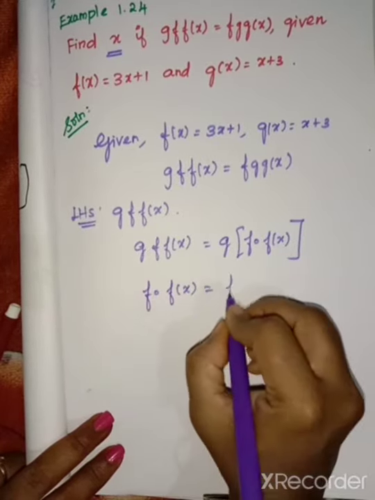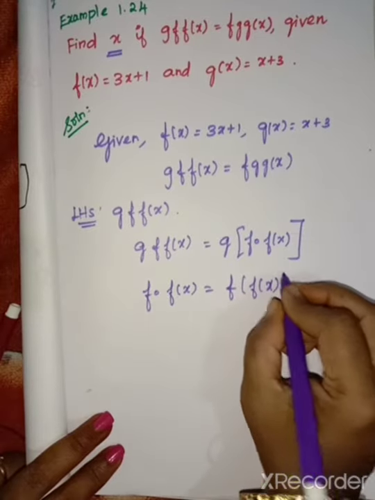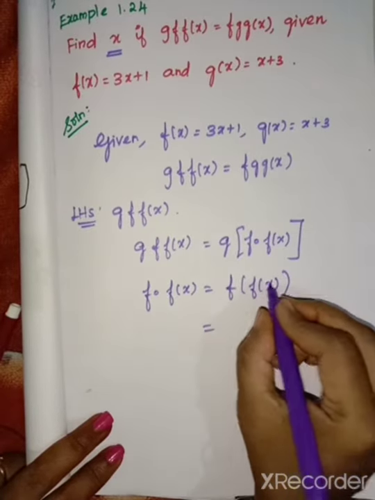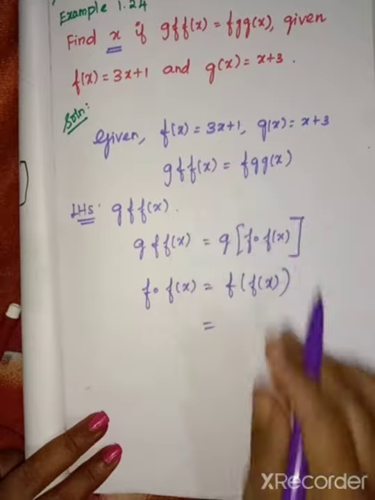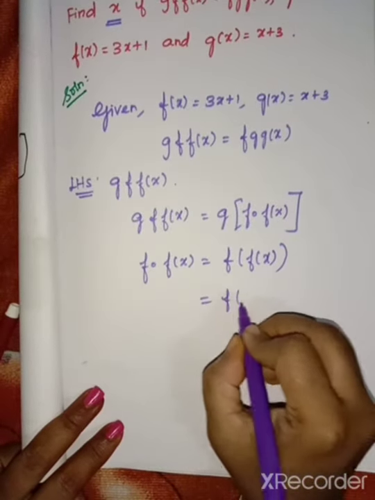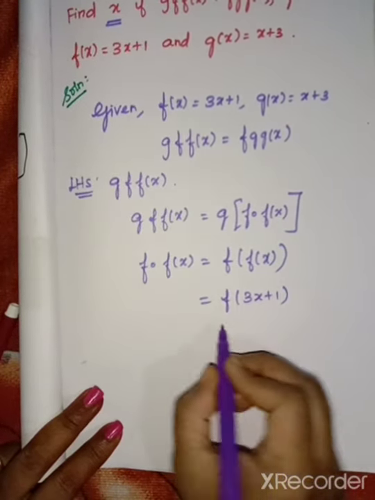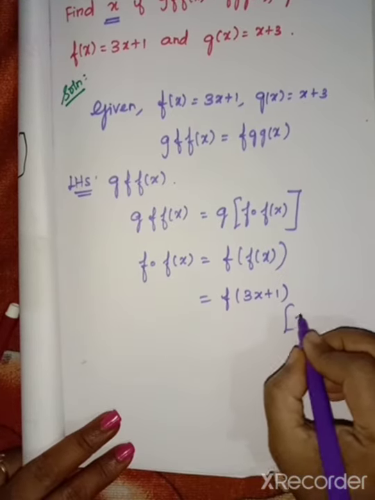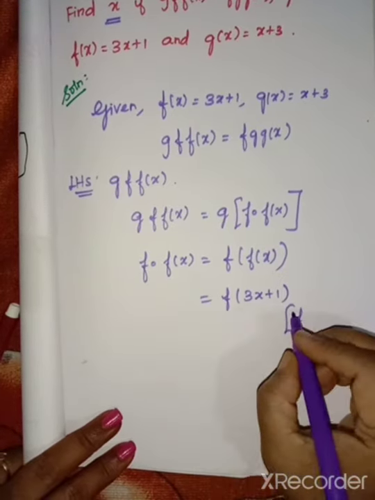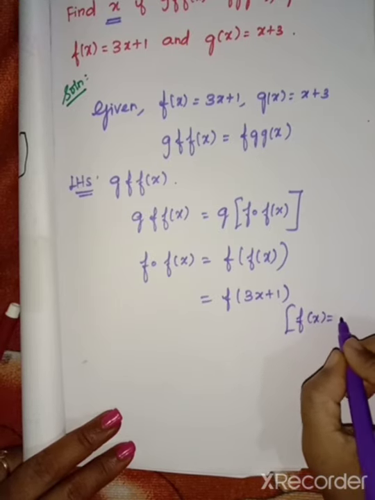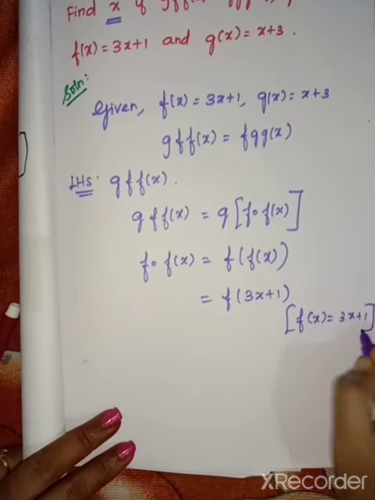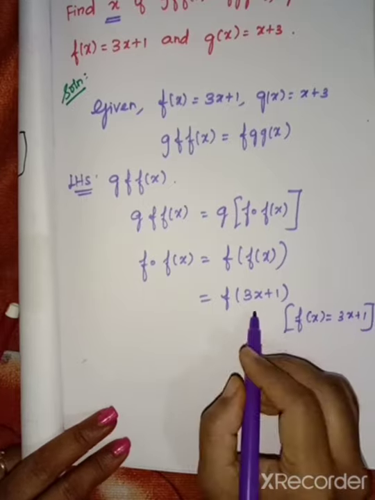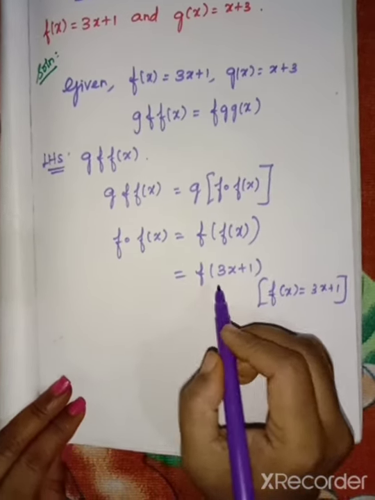So f of x is given as 3x plus 1. Again the function is f, so we substitute 3x plus 1 in the place of x.